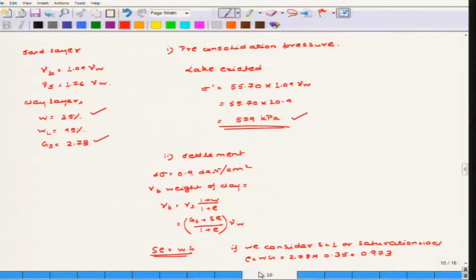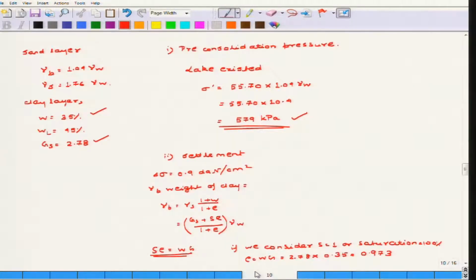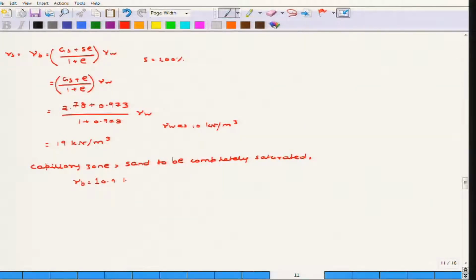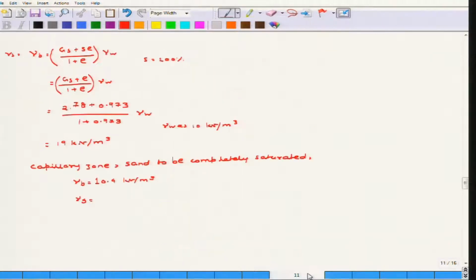If that is the case, then for dry sand the gamma b is given as 10.4 kilonewton per meter cube. Then gamma s, saturated, it is already said what the saturated sand weight density is, and it is given as 1.76 times gamma w. So, this is equivalent to 17.6 kilonewton per meter cube.